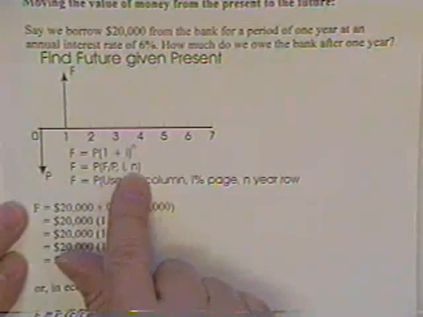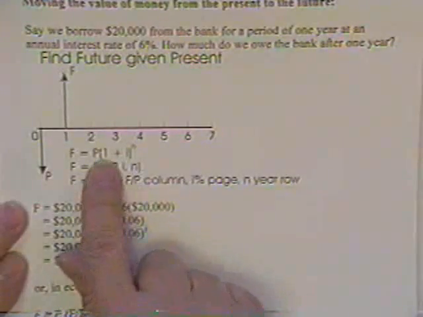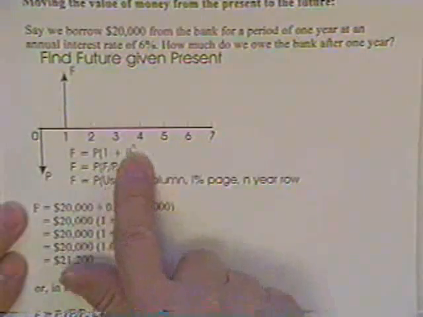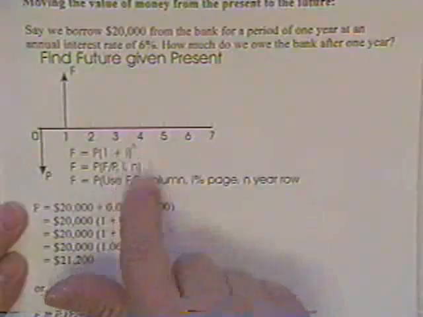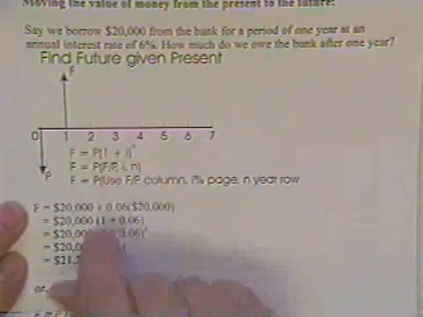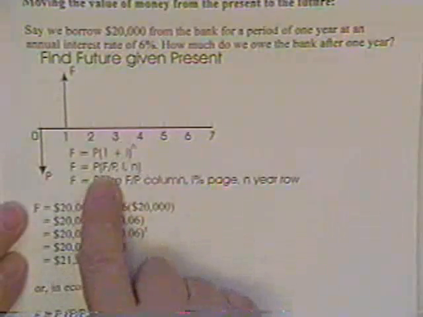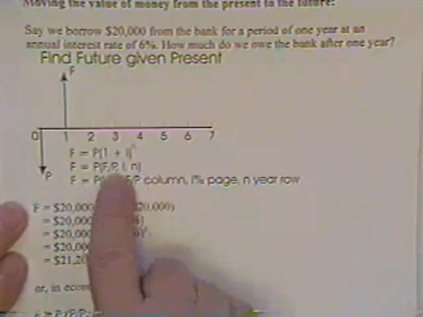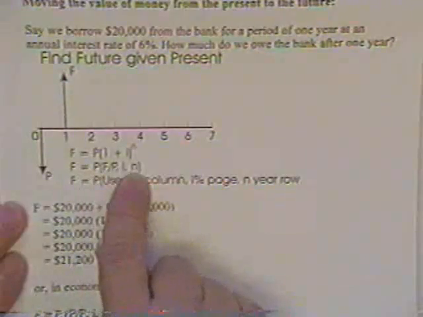And what it really represents is nothing more than 1 plus the interest rate per year raised to the number of years that you are going to borrow the money. So what this says is that the future value is equal to the present value of the money borrowed times a factor which can be found in some tables.